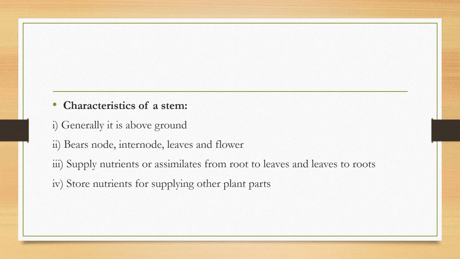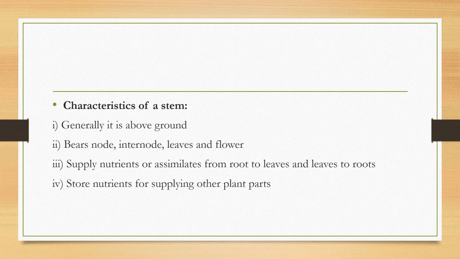The second characteristic is the stem bears nodes and internodes, leaves and flowers. Number 3, supply nutrients or assimilates from root to leaves and from leaves to roots.